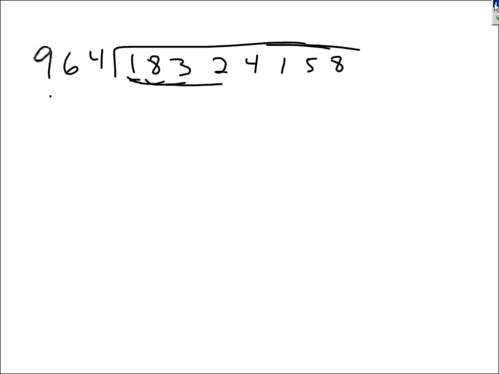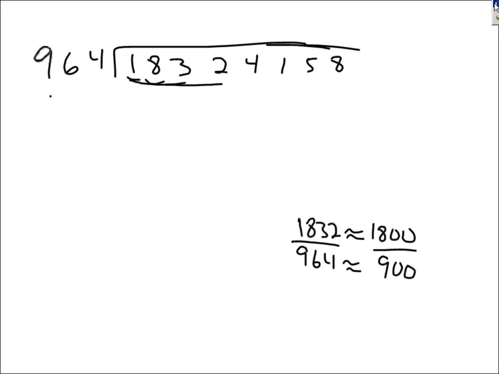Now you should think, 1832 is approximately 1800, and 964, why, that's about 900. Dividing these two numbers is close. It's about the same as dividing those numbers.